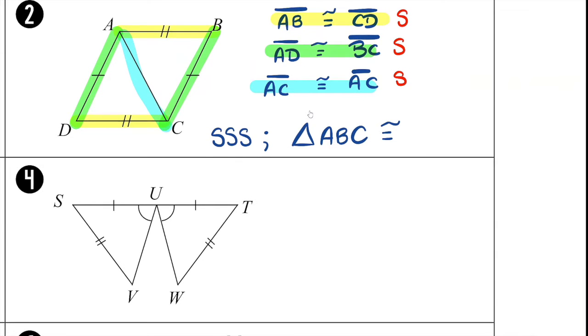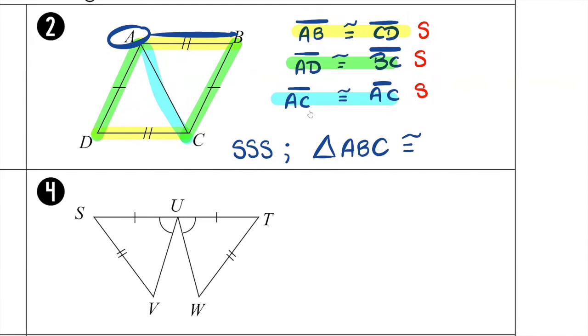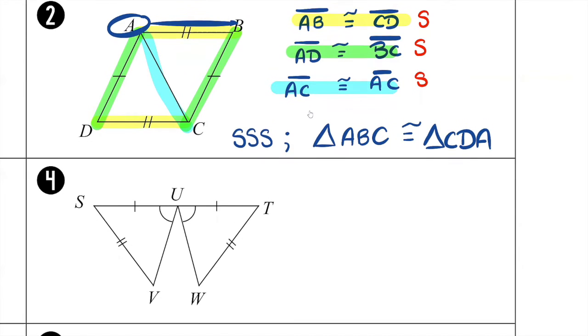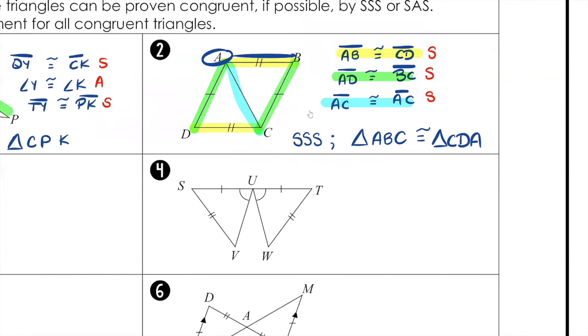So if we started at A and went along the double line, C, D, A. Yep. The second one might not be alphabetical. The second one, we must match up the pieces. That's all that matters. Because what must be true? A must be congruent to C. B is congruent to D. And C is congruent to A.